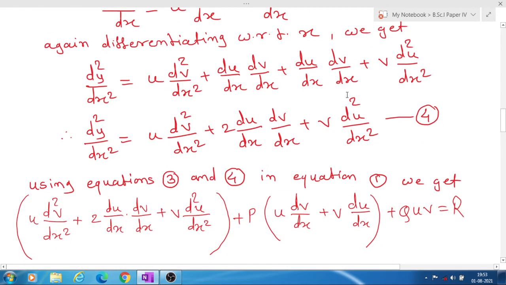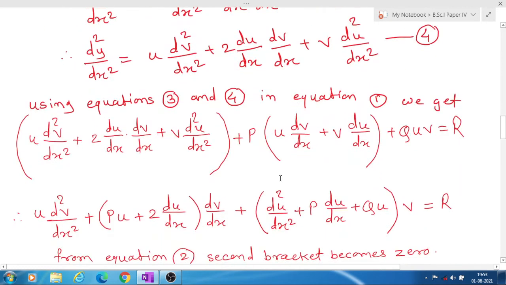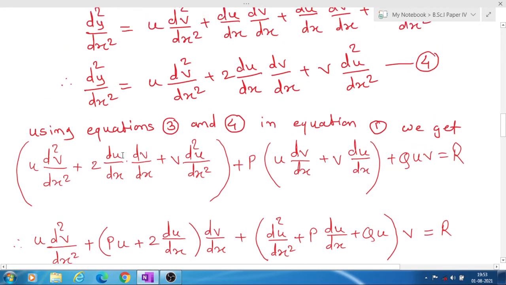Now here this term is repeated, du by dx into dv by dx. So for that we write 2 times du by dx into dv by dx. Now we use these two values dy by dx and d2y by dx square in our given equation.